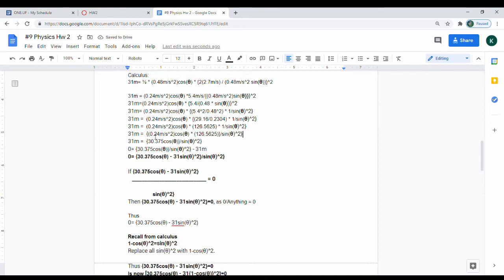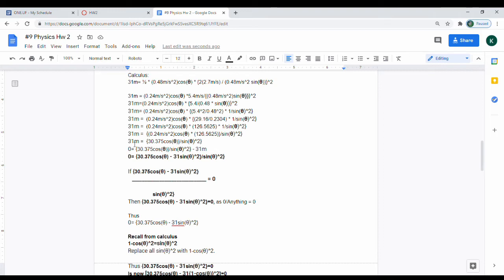So then I multiplied this 0.24 by this 126.5625, gave me about 30.375 cosine over, and the bottom has not changed, sine theta squared.